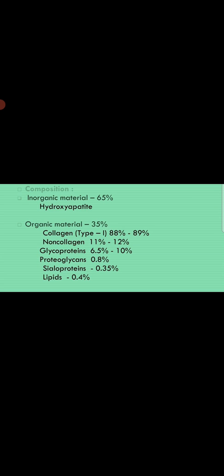In this 35%, type 1 collagen fiber is 88 to 89%, non-collagenous protein 11 to 12%, glycoproteins 6.5 to 10%, proteoglycans 0.8%, sialoprotein, which is a protein present in the bone, 0.35%, and lipids 0.4%. This composition is very, very important for MCQs.